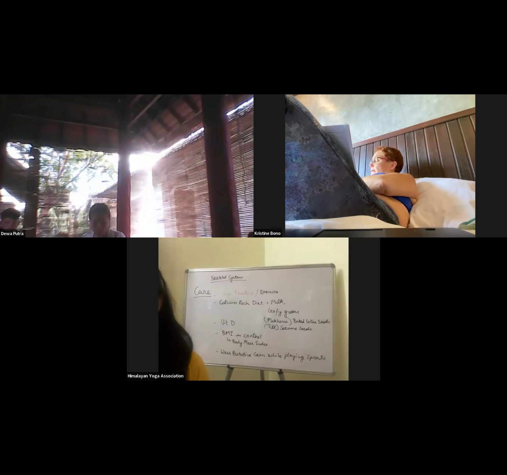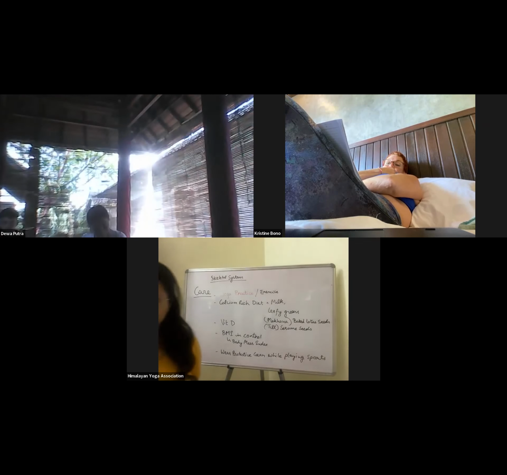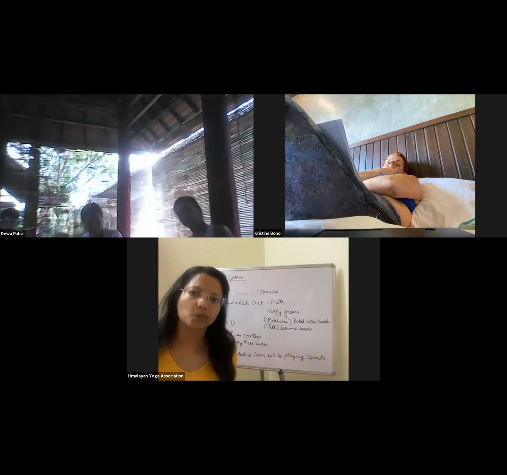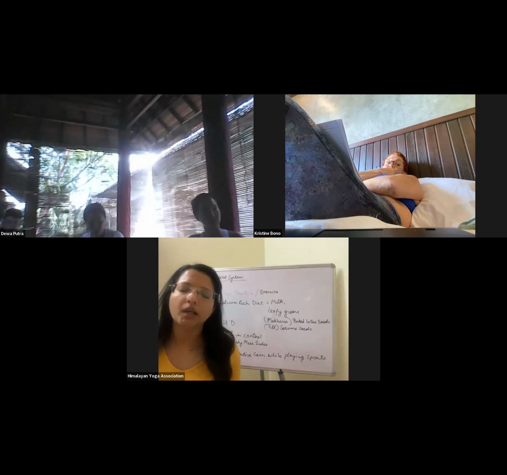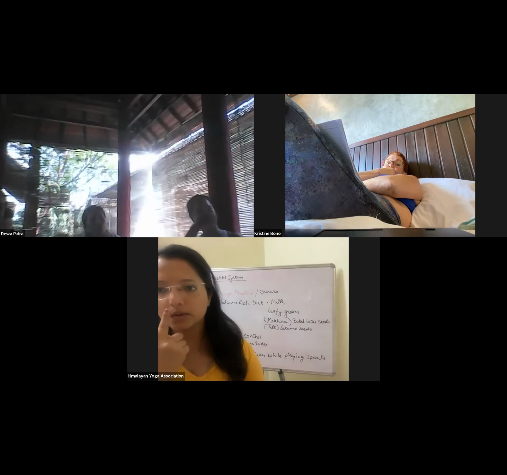Okay, so any query in the previous class or today's class? Do you understand why in Jal Neti you put your water this side and it comes out from this side?